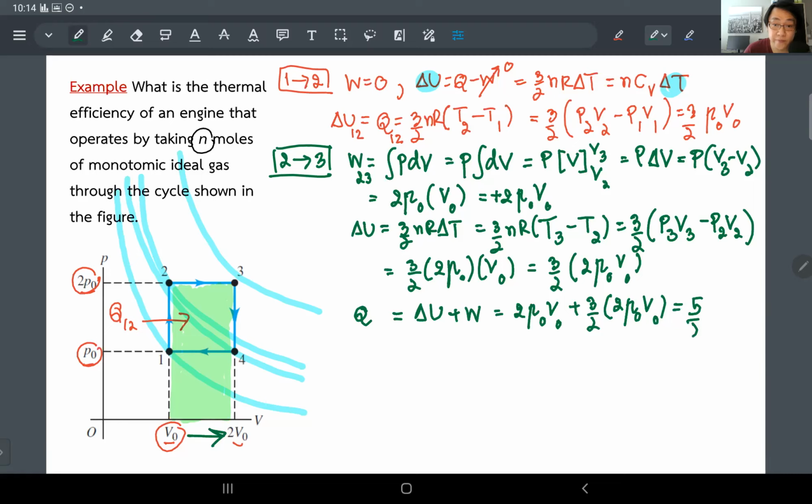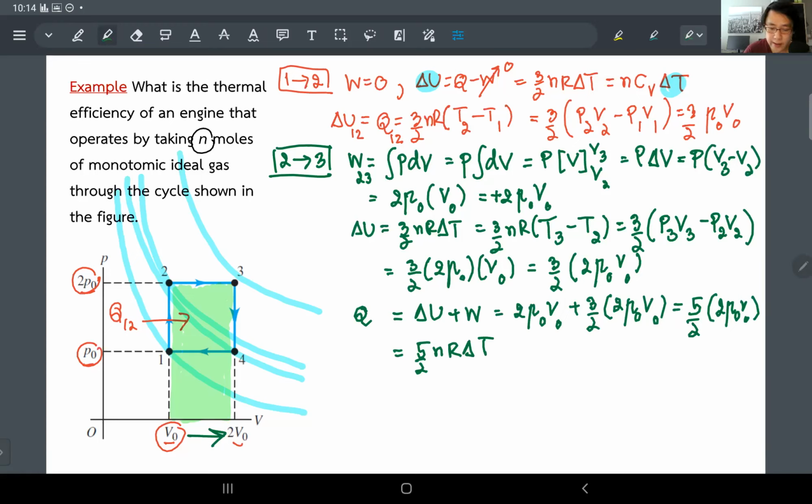Remember this 5/2? We have a shortcut that you can jump right into the heat if you want to in the constant pressure process. The heat during this constant pressure process is going to be 5/2 nR delta T. And that's exactly what we have right here. With me?